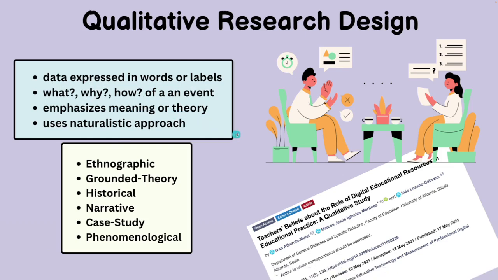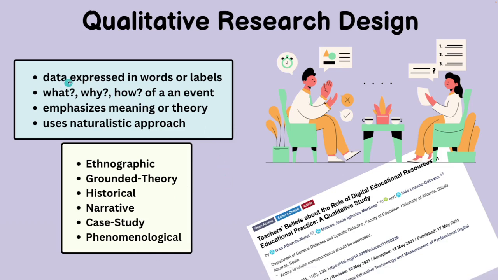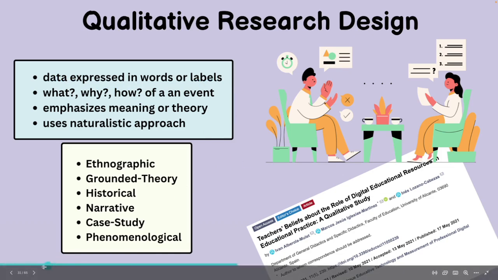And the different types of qualitative research include ethnographic, historical, narrative, and we're going to look more closely at each of these. But these are the types of research that are going to analyze data expressed in words or labels.